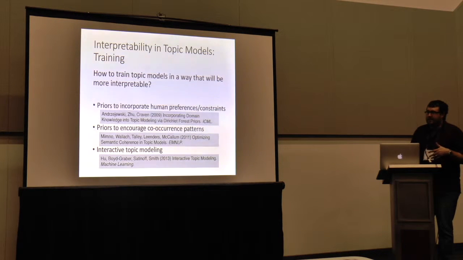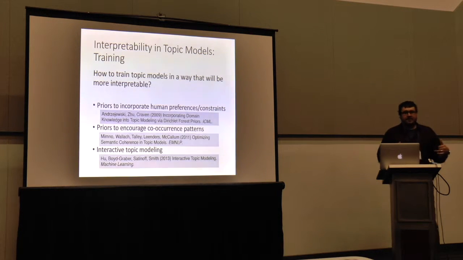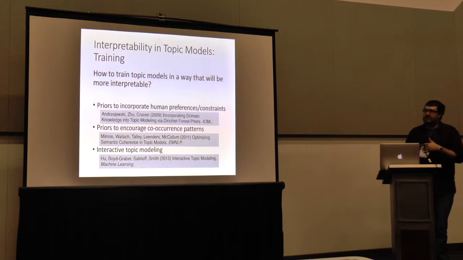So different things have been proposed. There's some work on having people specify which pairs of words are or are not coherent. So people can specify as a prior that these two words should be in the same topic, or these two words should not be in the same topic, and so on.